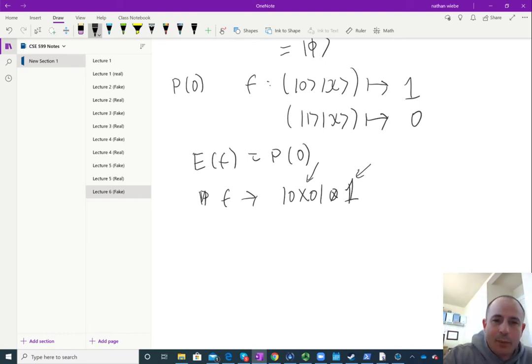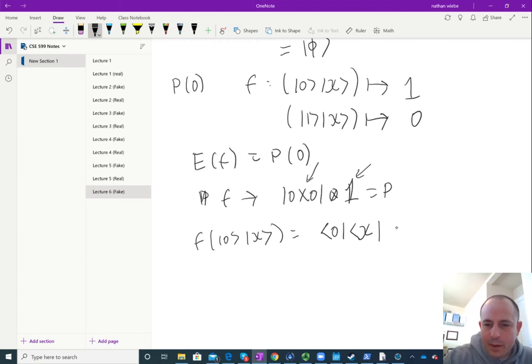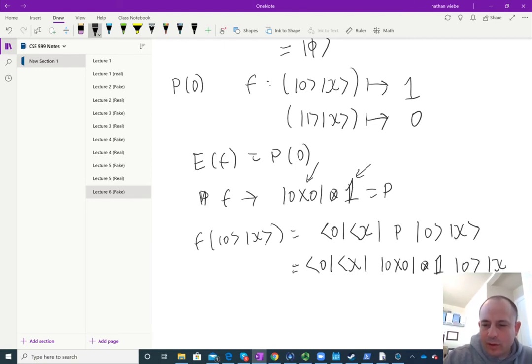And then the way that we apply this to a given vector is we say that f of 0 chi, let's call this p over here, is equal to 0 chi p 0 chi. Now, because p is equal to what it is, this is equal to 0, 0, tensor identity, 0 chi.